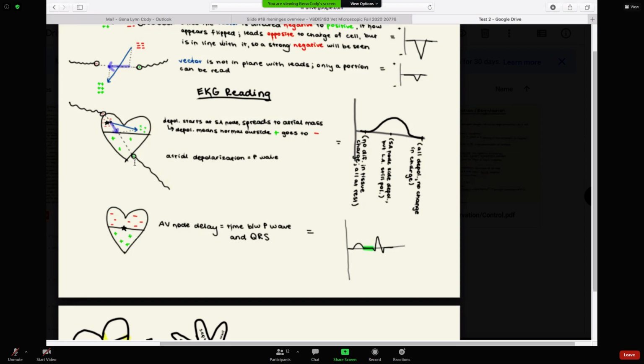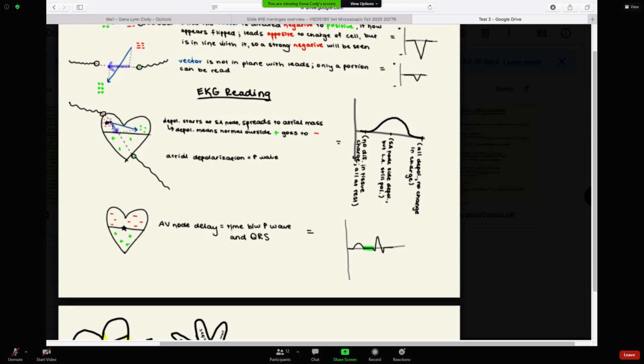So when it starts at the SA node, it's going to depolarize from the SA node to the rest of the atria, from the right atrium area all the way across to the left atrium area. The vector, if you want to call it that, is not really in plane with the leads.